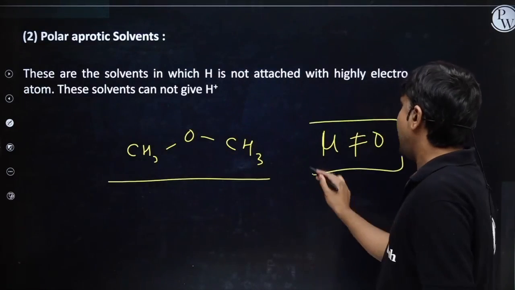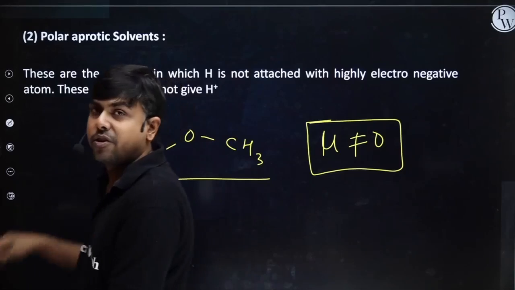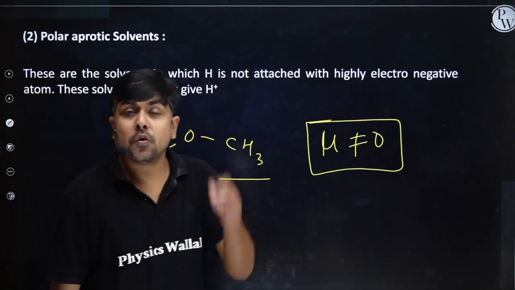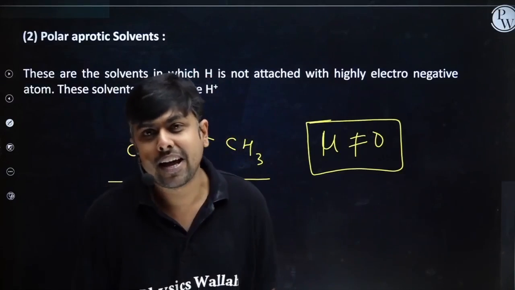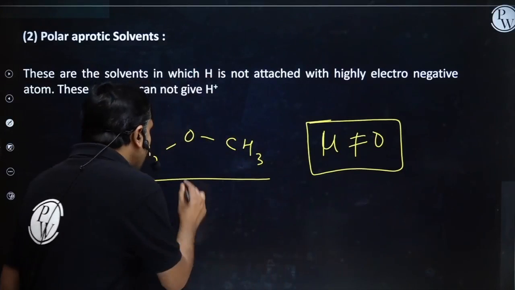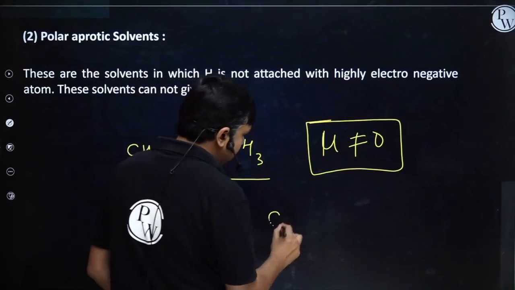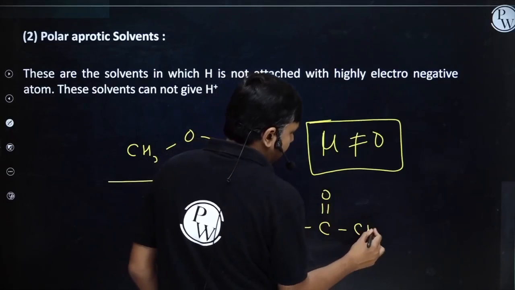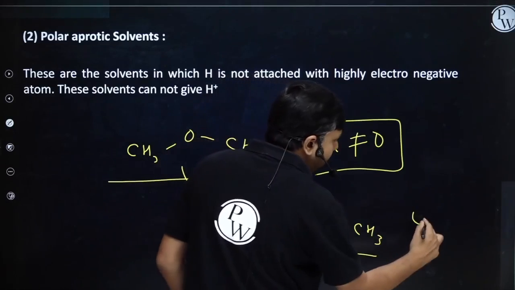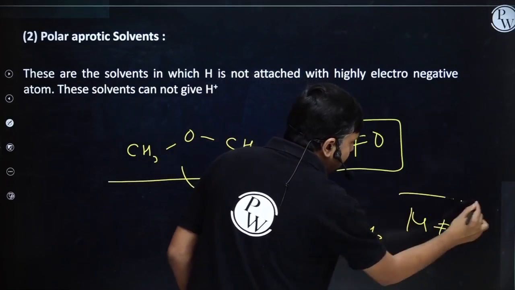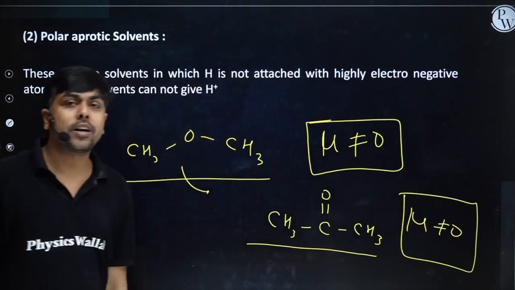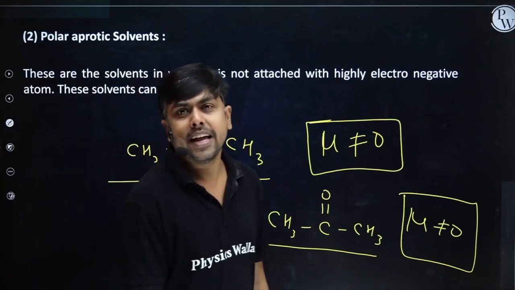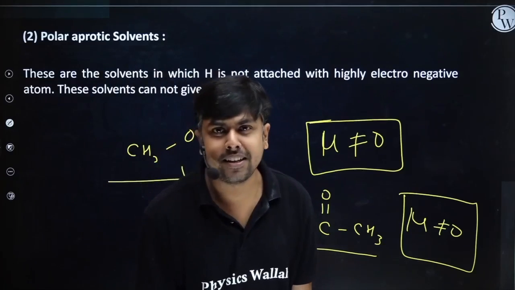to 0. At the same time, these hydrogen atoms are connected to less electronegative element like carbon, so it is a polar aprotic solvent. The next one, acetone, CH3C double bond O CH3. Dipole moment is non-zero. At the same time, hydrogen is not connected to a highly electronegative element. Am I clear?